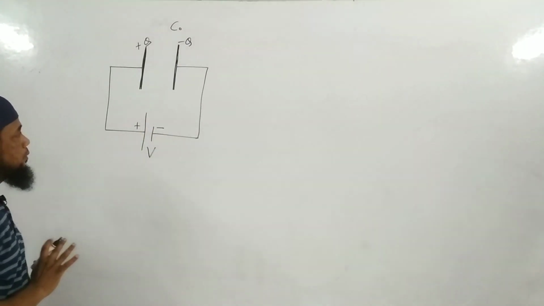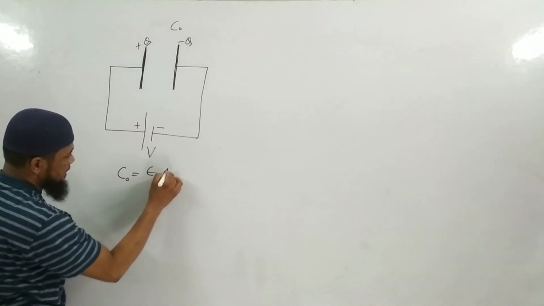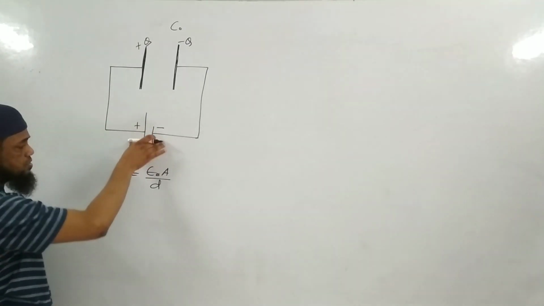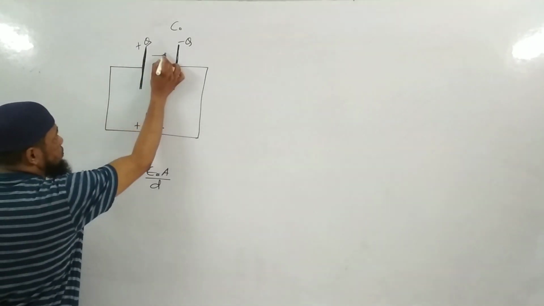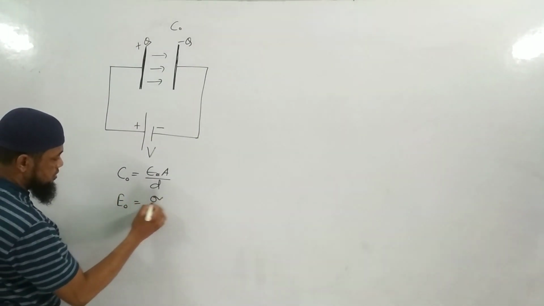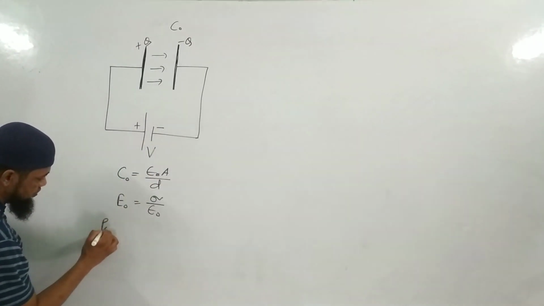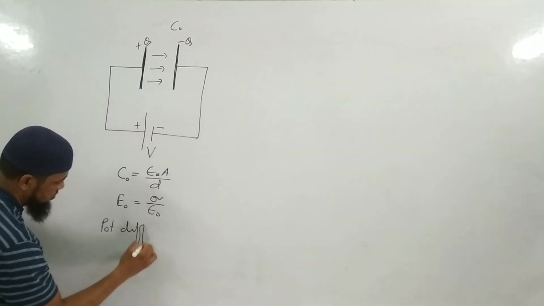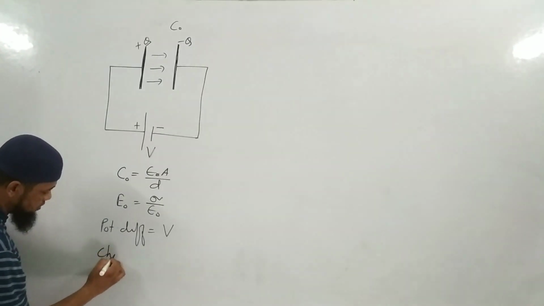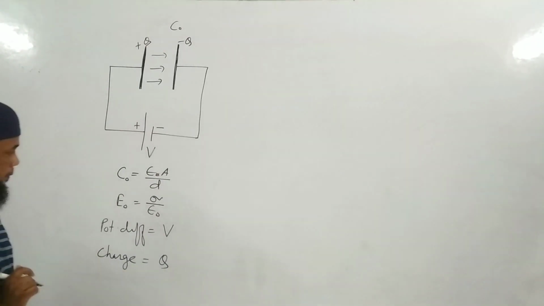In this situation, the capacitance is epsilon naught A divided by D. The potential difference is V volt, the electric field in the region is E naught, sigma by epsilon naught, and the charge on the capacitor is Q.